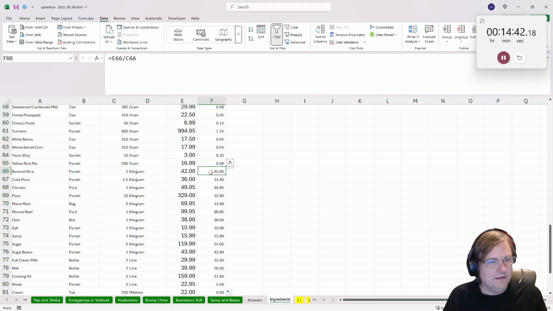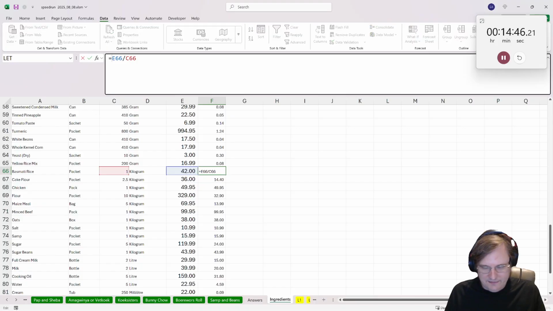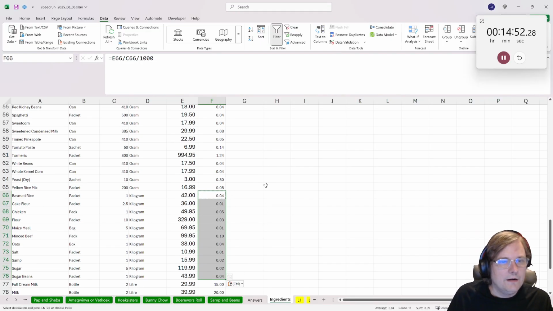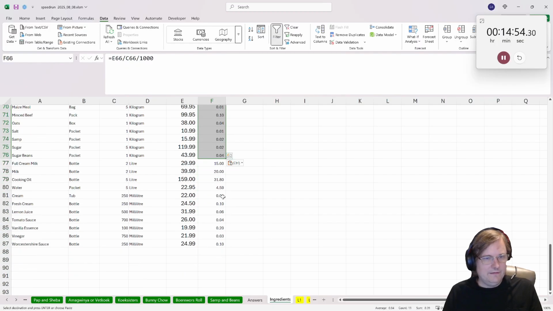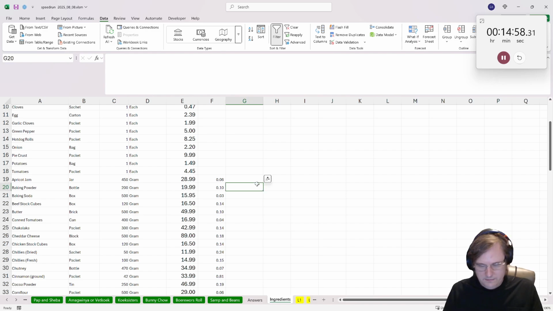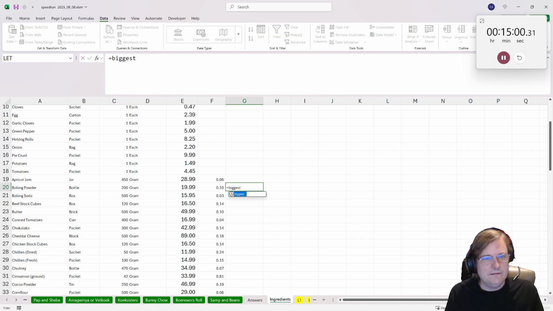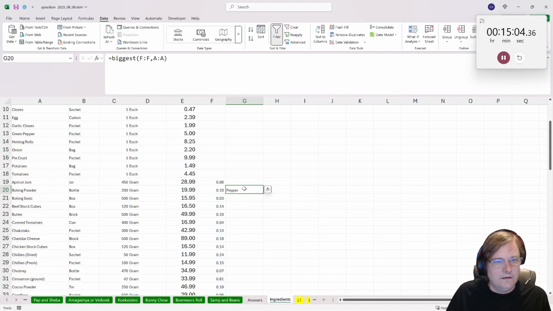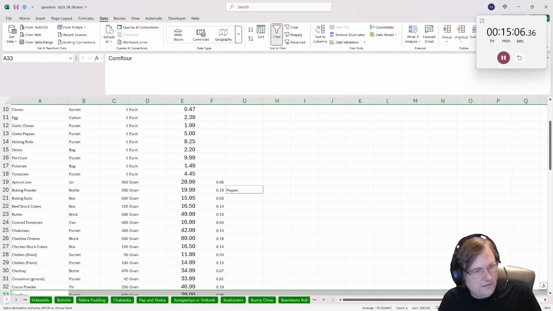And then the ones that are kilogram, that divided by 1,000. Right, so what's the most expensive? These don't count. Is the biggest of this returning this, it is pepper.